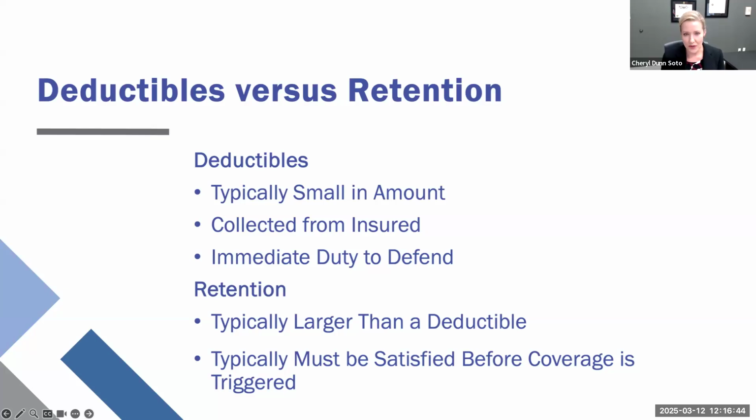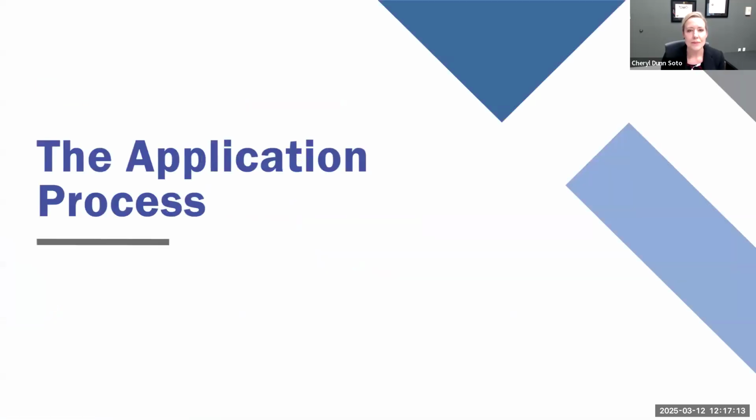The California courts have recognized that where there's a duty to defend, unless the policy very clearly specifies that the duty to defend is subject to the retention, unless that clear language is in there, then the retention does not have to be satisfied before the duty to defend is triggered. But again, that's not an argument that the insurers regularly accept. And so you oftentimes have to push back on that argument.